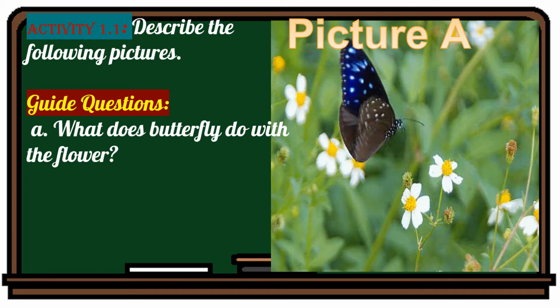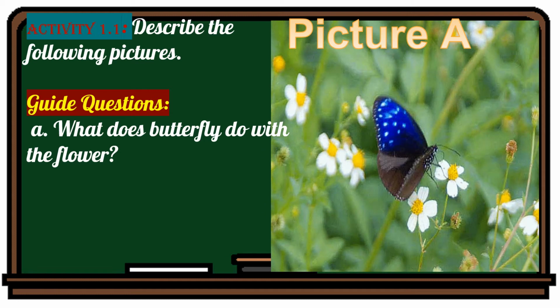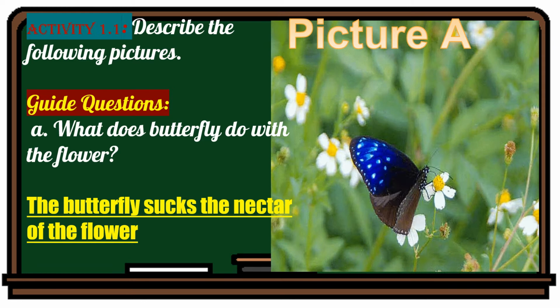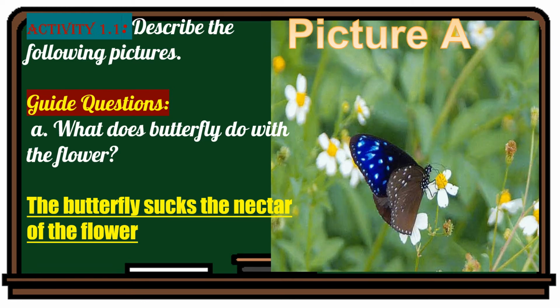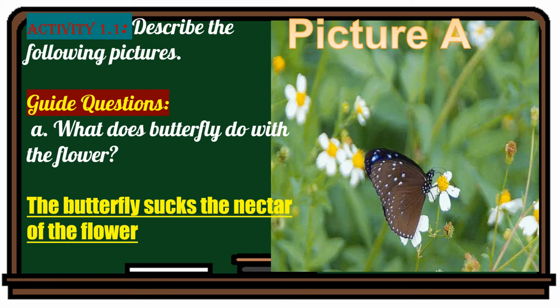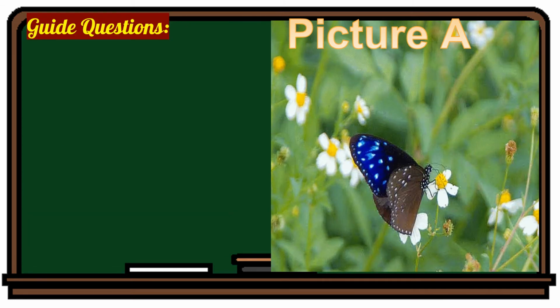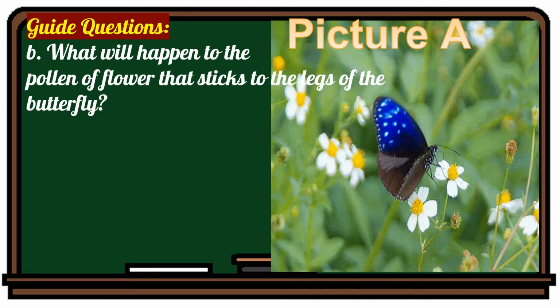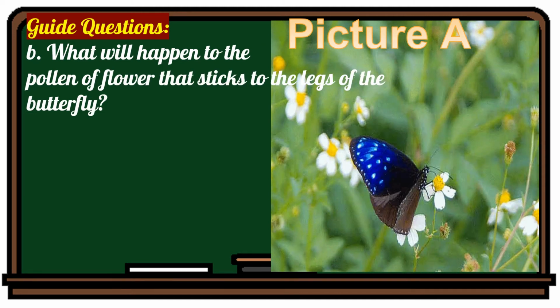For letter A, what does the butterfly do with the flower? Yes, the butterfly sucks the nectar of the flower. For letter B, what will happen to the pollen of the flower that sticks to the legs of the butterfly?